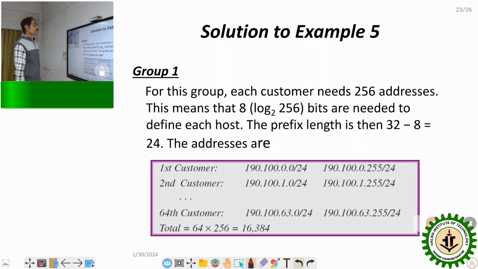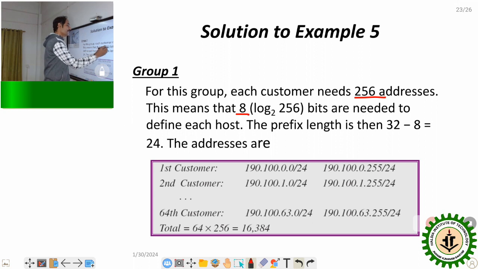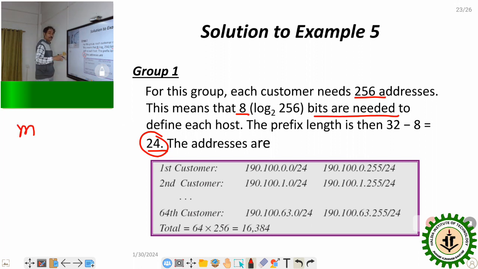For the first group, each customer needs 256 addresses. So that's why 8 should be the masking bits we need. And 8 masking bits means here /24, because of how we derive the m value, the number of subnets. M is derived from the number of masked bits, that is, the number of consecutive ones present.